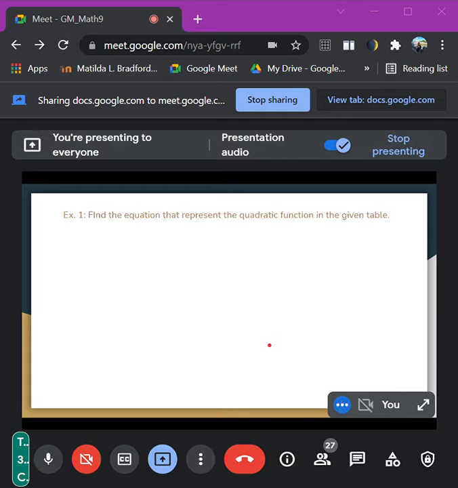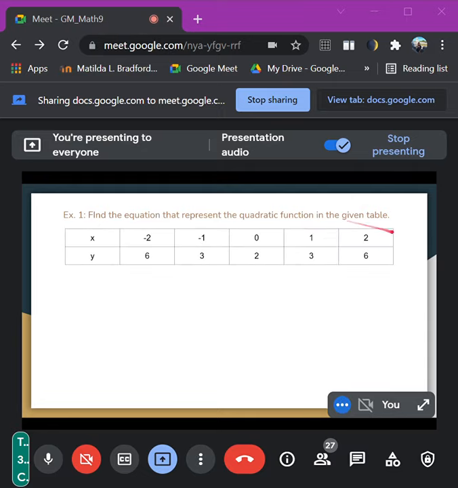So here we're going to find the equation that represents the quadratic function in the given table. So this is our given. You have there the values of x are -2, -1, 0, 1, and 2. And then for our y, we have 6, 3, 2, 3, and 6.